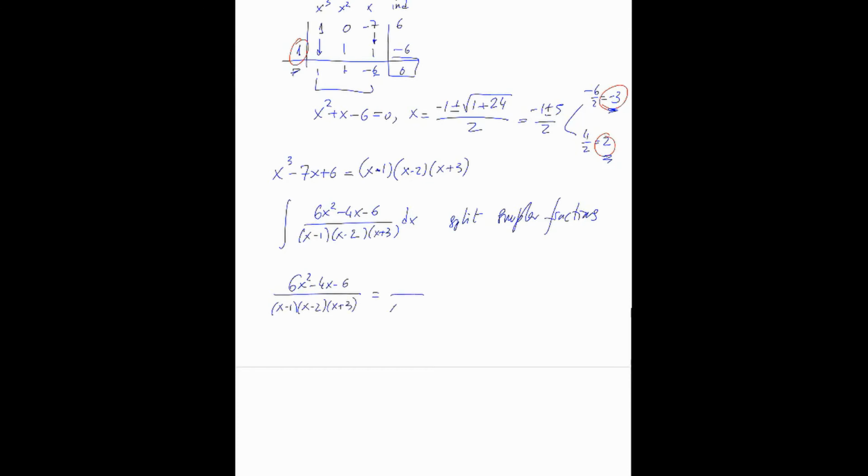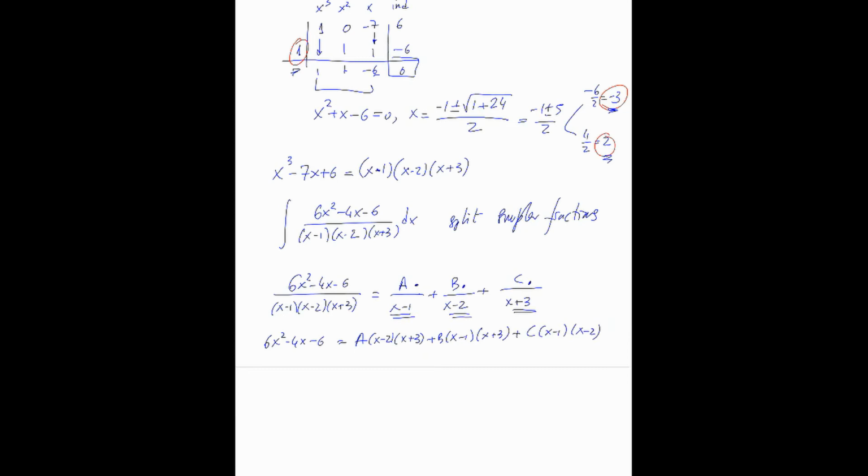So if we multiply these three fractions as you multiply regular fractions, you get the numerator. For A, it is missing this and this, so it will be A times x minus 2, x plus 3. The B is missing this and this, plus B times x minus 1, x plus 3, and for the C we're missing these two, so plus C times x minus 1, x minus 2.